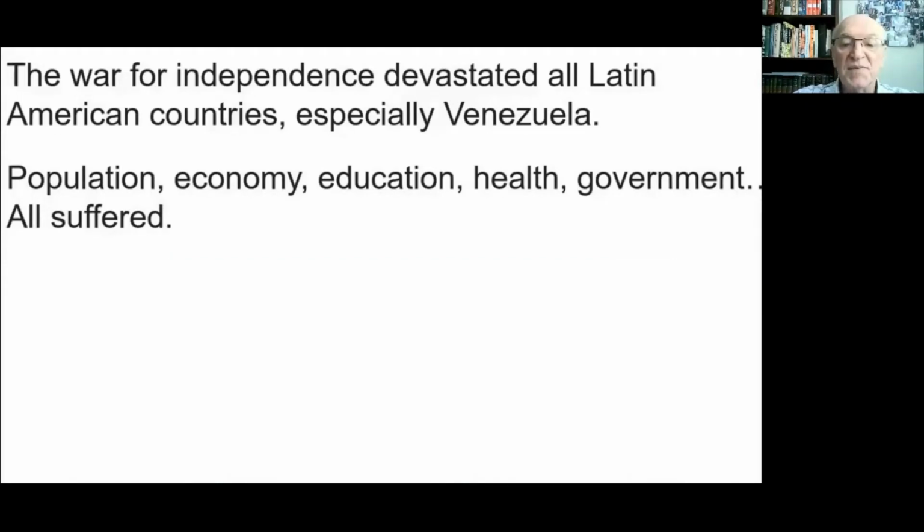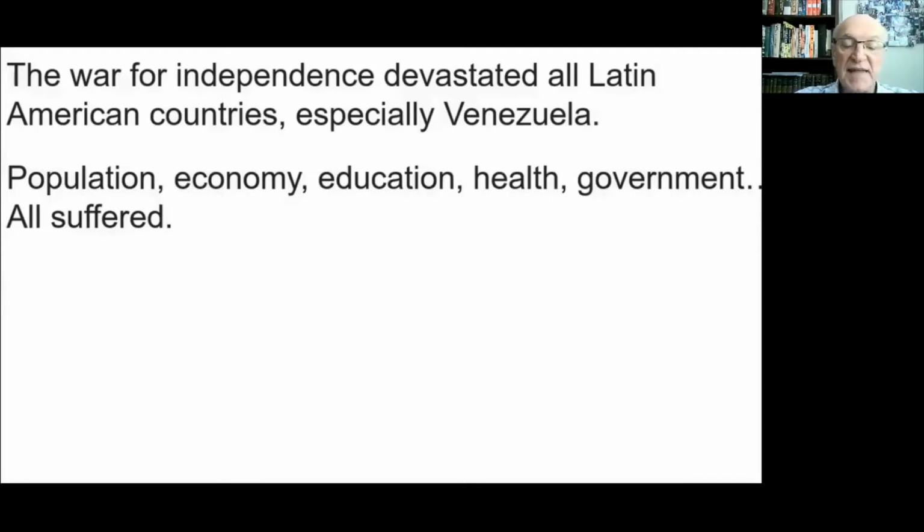By 1823, at the end of the independence wars, it was two-thirds of that number. In other words, about one-third of the whole population of the country perished during the wars of independence.